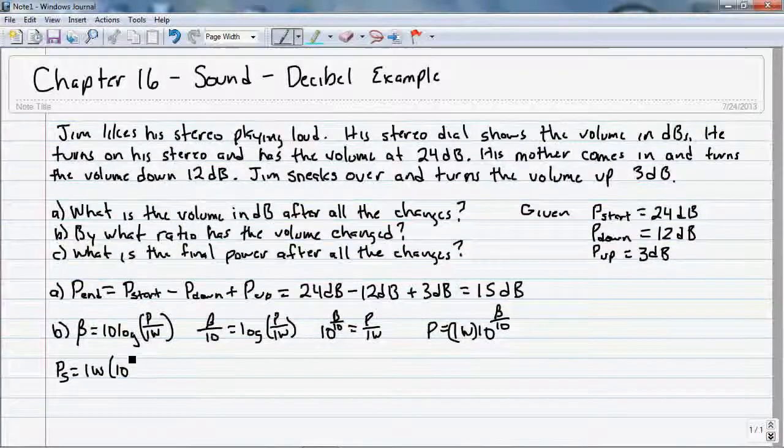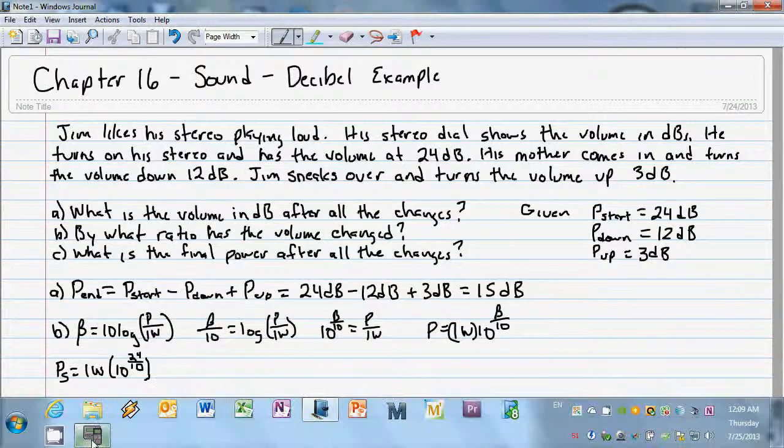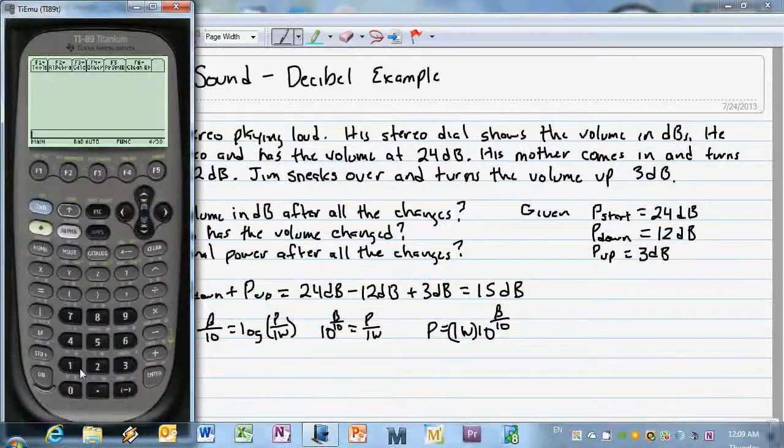And remember, decibels is unitless. And divide that by 10. And we can calculate that.